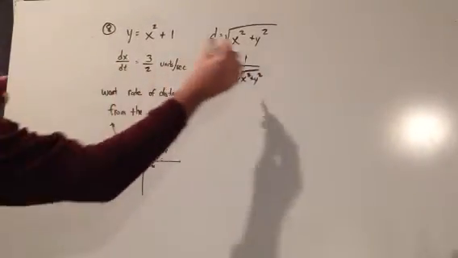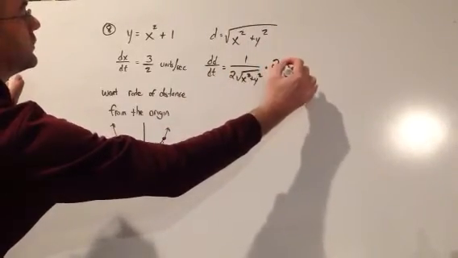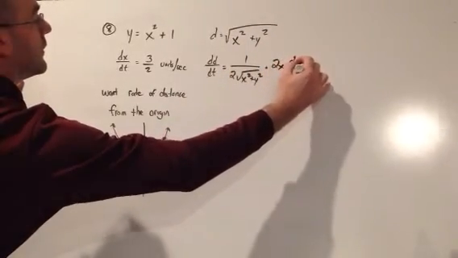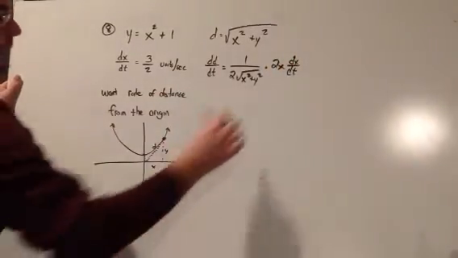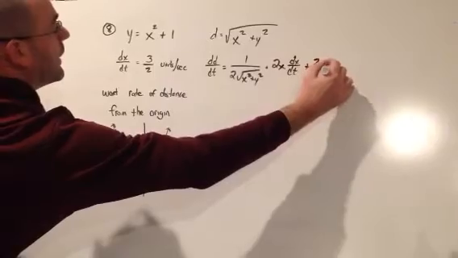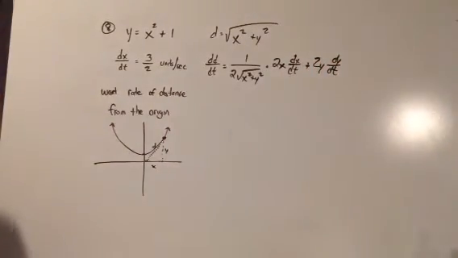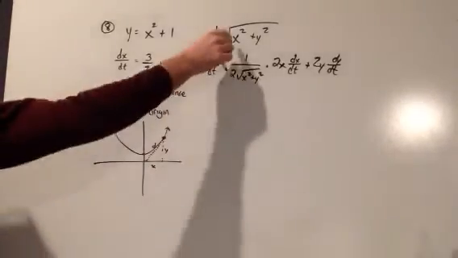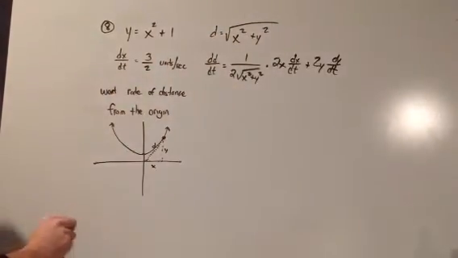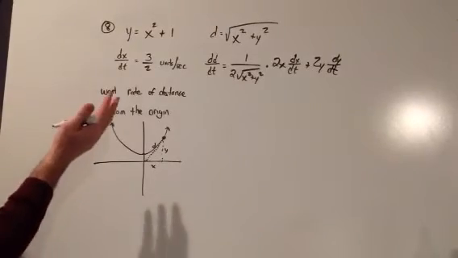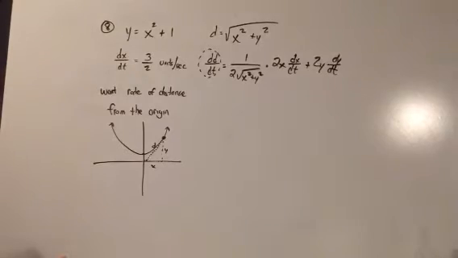It's a chain rule, so times 2x dx/dt plus 2y dy/dt, right? Because it's a related rate. So 2x dx/dt, 2y dy/dt. Alright, so now we have our derivative, and that's what we want to find.